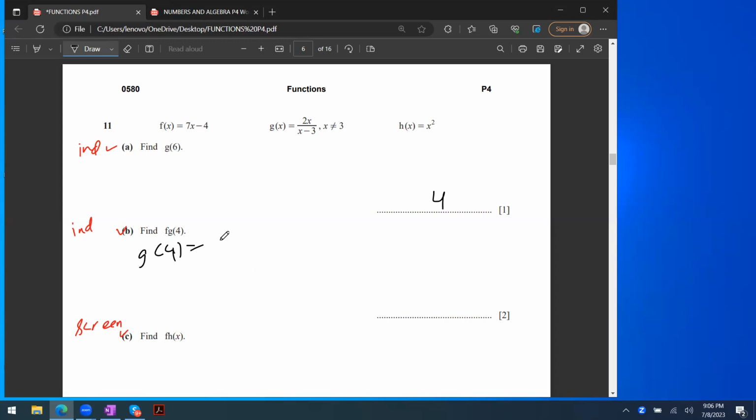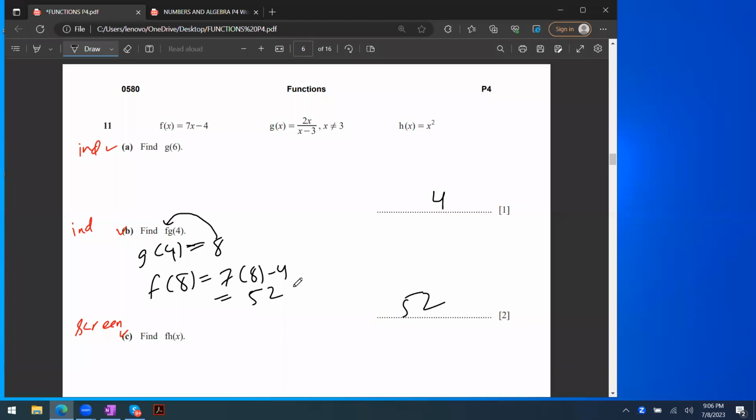G of 4 is 8. So this is the answer of G of 4. This will now go into the F function. So F of 8. F of 8 is 7 into 8 minus 4. 56 minus 4, 50. I hope you all got the same answer.